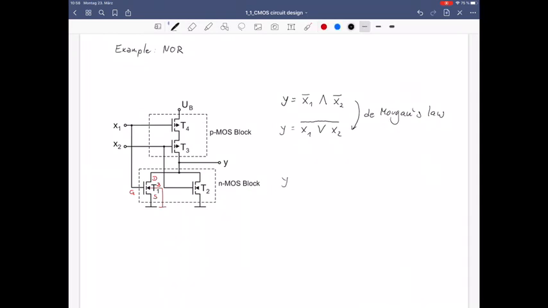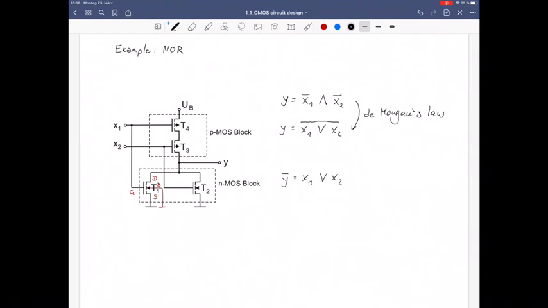The output Y is 0, which we note with Y bar, and this is equal to x1 or x2. So this equation tells us the output is 0 if either x1 or x2 equals 1.